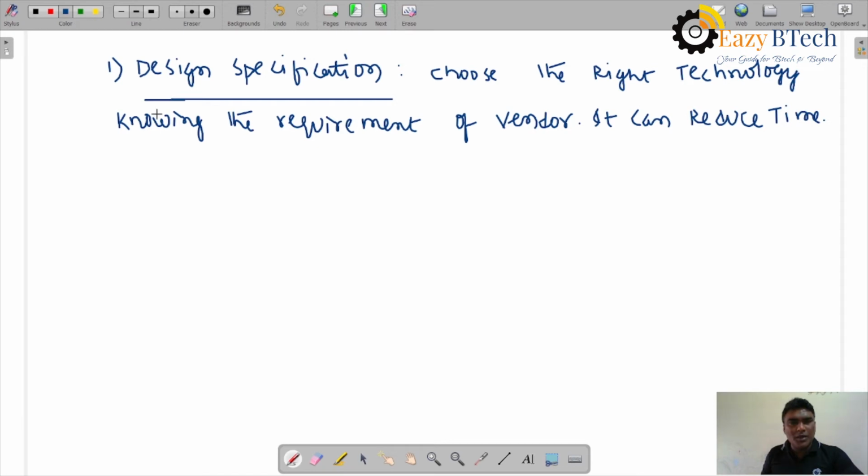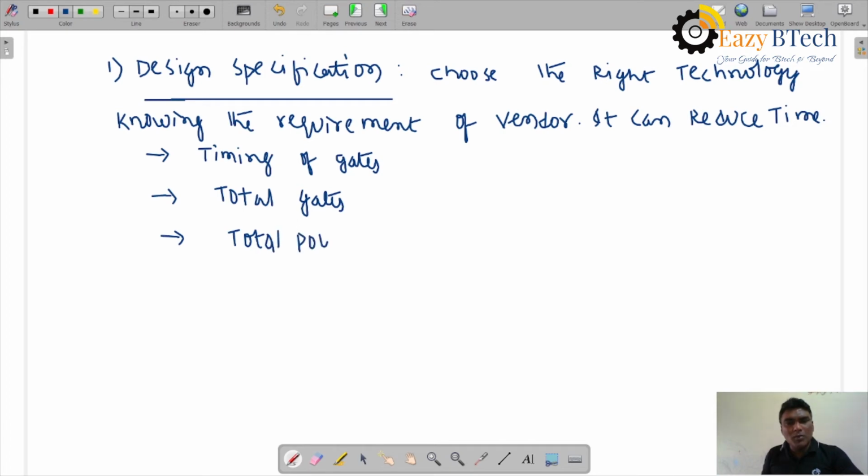Okay, some specifications are like, what is the timing of the product, the timing of the gates being used, how many total gates are being used, what is the total power required, how much time is taken for a signal passing through a gate, the total power, the total cost, right?